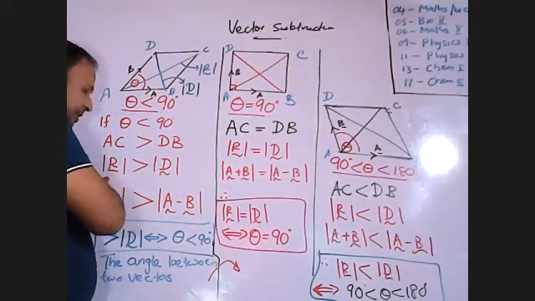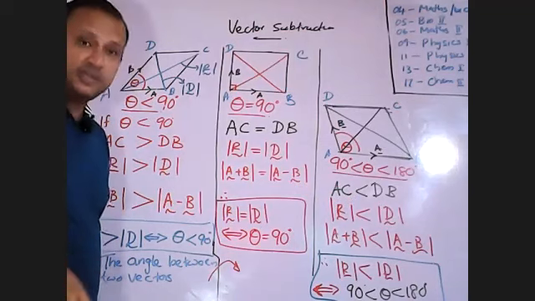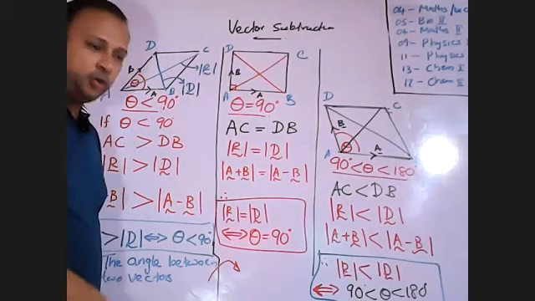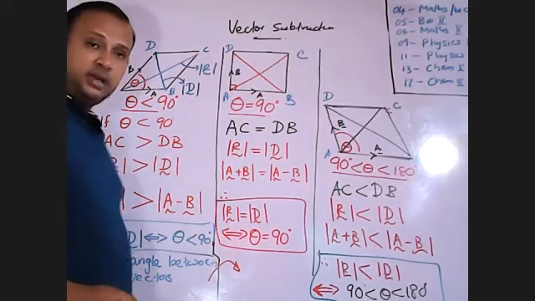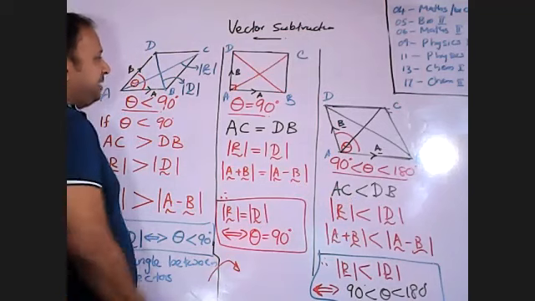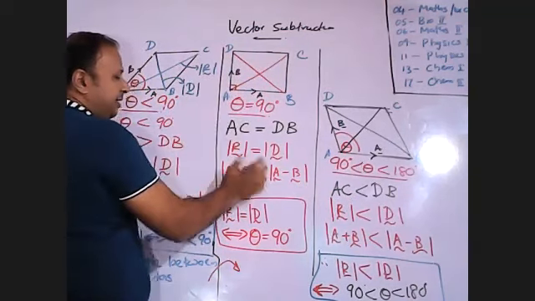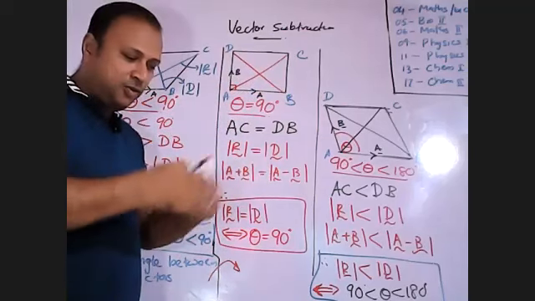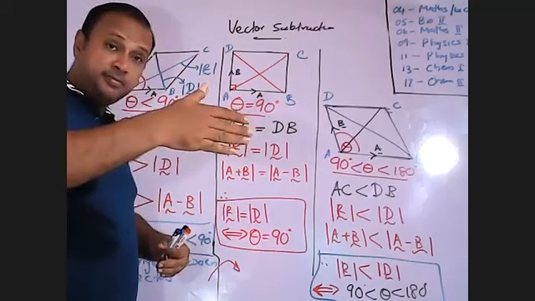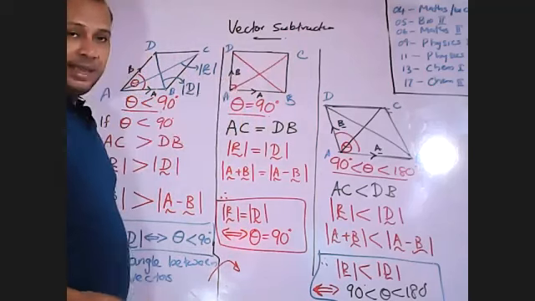Therefore I can say the resultant is greater than the difference. The magnitude of resultant, or modulus of the resultant, is greater than the modulus of difference. Same thing here. If the magnitude of the addition and the difference are equal, then definitely this is 90.